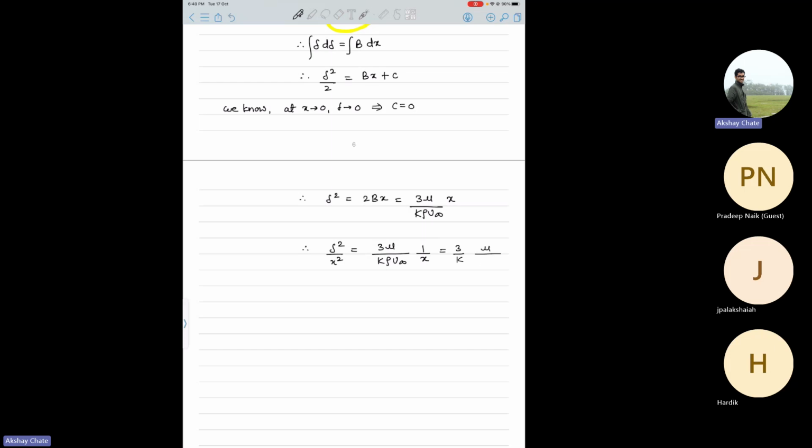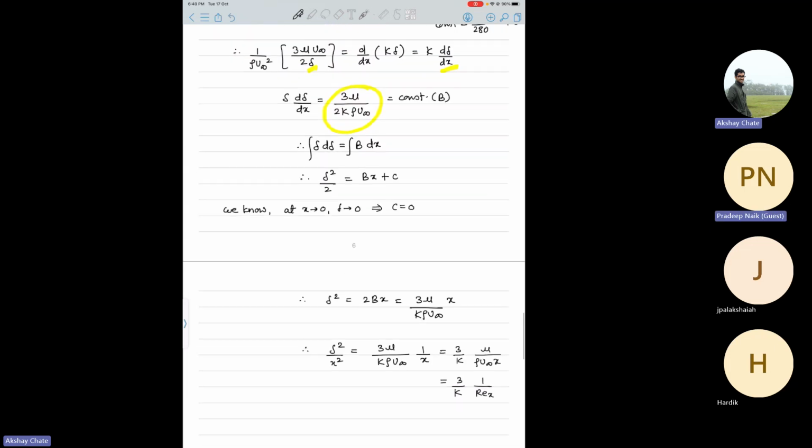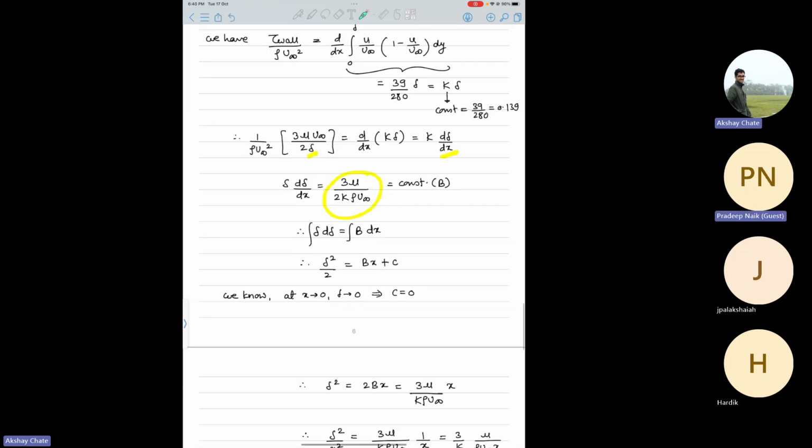You have mu by rho u infinity into x, and we know that this ratio is the very famous Reynolds number, in inverse form. Actually, delta square is equal to 2bx. Yes, this was 2bx, but the b value already has 2 in it, so that 2 gets cancelled there.